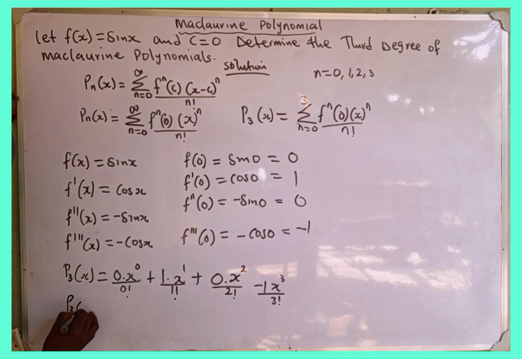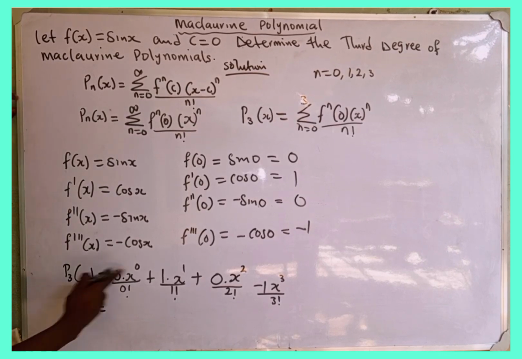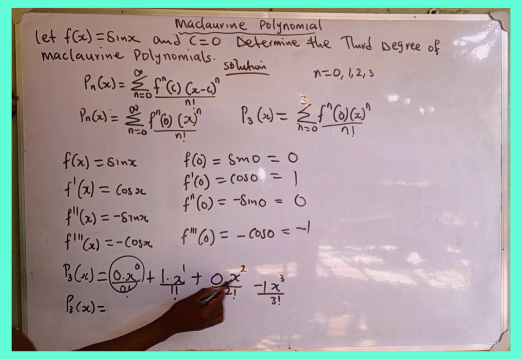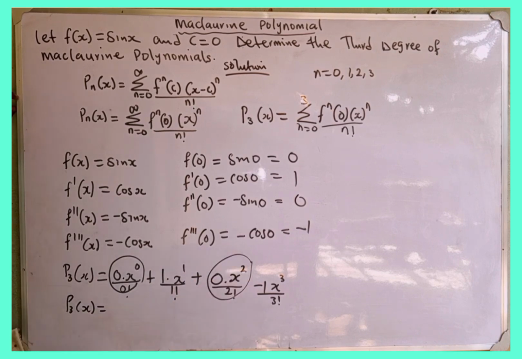P subscript 3 of x is equal to, any number multiplied by 0 is 0. Therefore, the whole term here is going to be 0, and also 0 multiplied by x squared, everything here is going to be 0. We are left with 1 multiplied by x, which is the same as x, then x divided by 1 factorial. 1 factorial is the same as 1, so x divided by 1 gives us x.